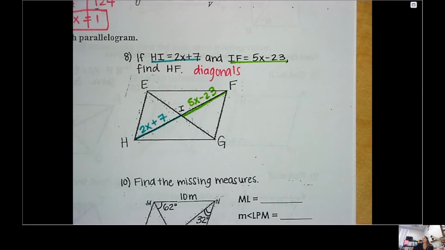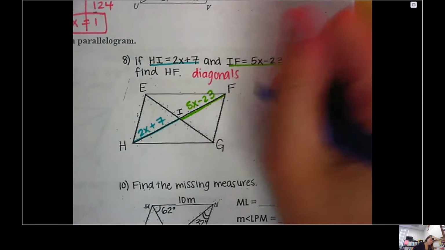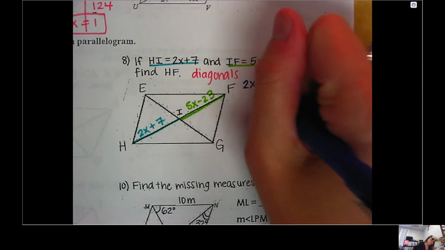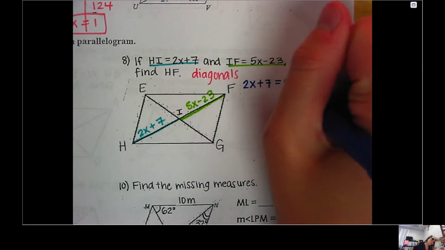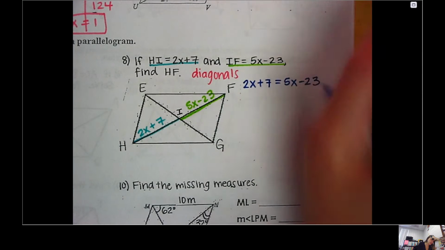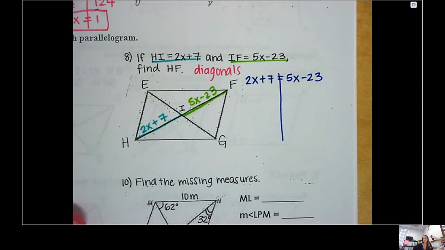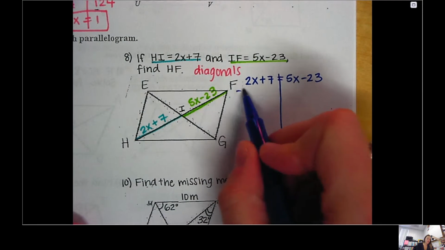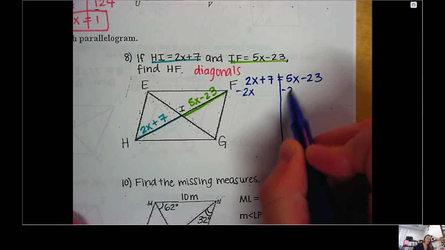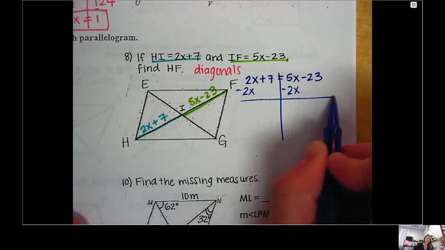Set them equal to each other. That's it. And then it becomes your fave, algebra. So half the battle is just, can you write the equation? And the rest is algebra.